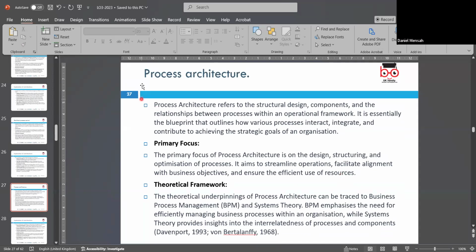Then architecture, very self-explanatory. It is about working on or bringing improvement to your architecture. So if we talk about process architecture, it is mainly focused on the structural design of your processes. It tries to focus on designing the structure and the flow of processes within an organization.